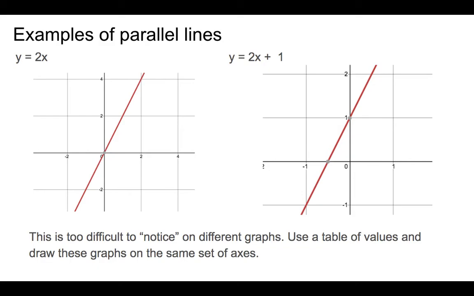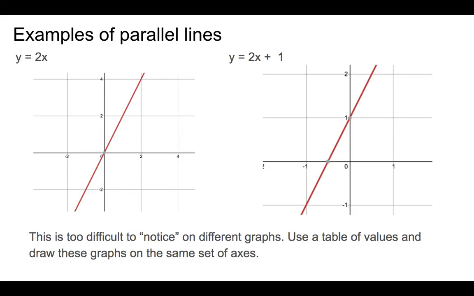that they are the same gradient unless they are on the same graph. Now, by inspection, if you stand further away, you can probably see that they are the same steepness. But look at the scaling of the axes. There's a scaling of 1 on the left hand side, and a scaling of 2 on the right.